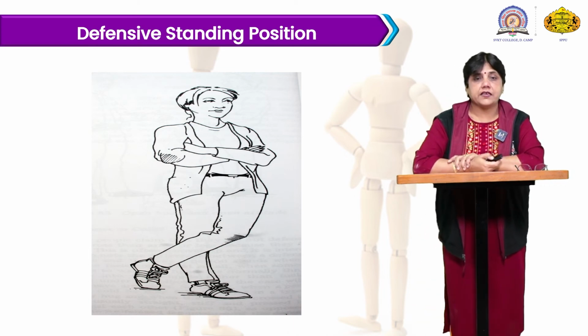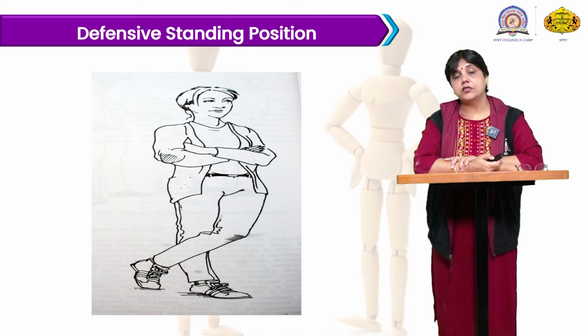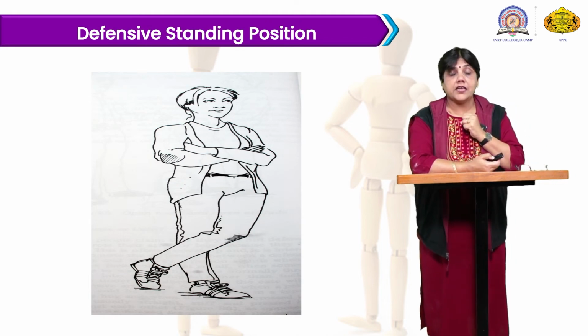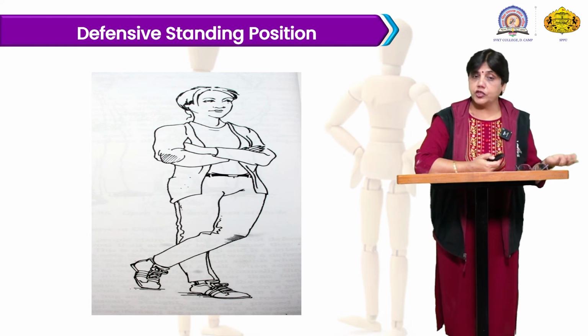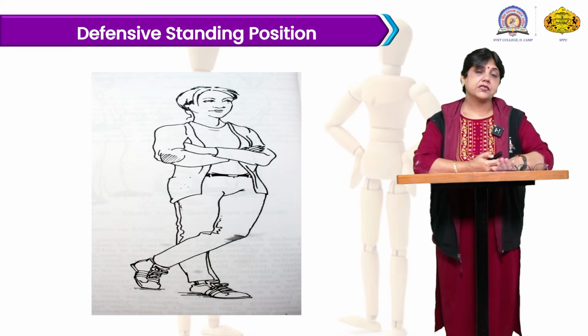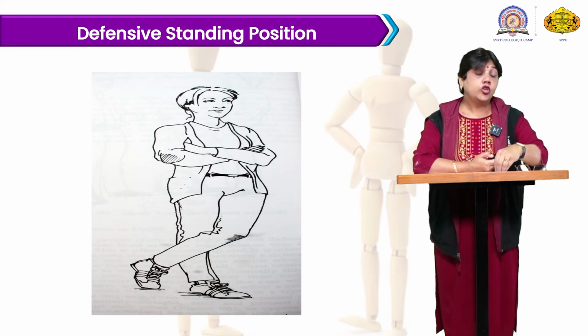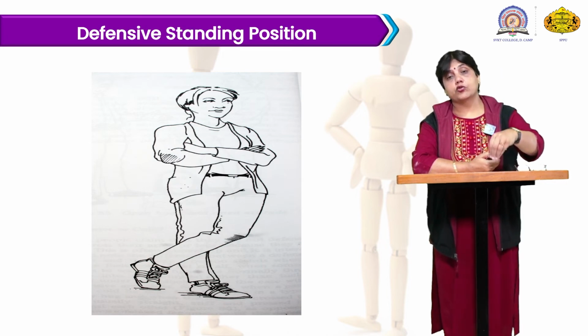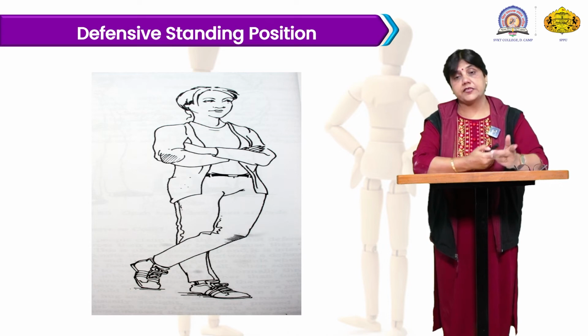That shows a defensive standing position, as if he is always in this conscious mindset that he may fit in the present situation, but he has to safeguard. He has to be in a defensive position. So that shows that the person is slightly not clear about his stand or about his position. So he is always defensive.